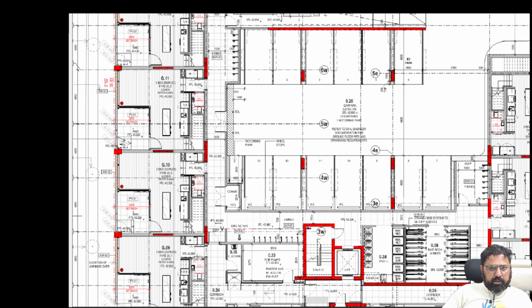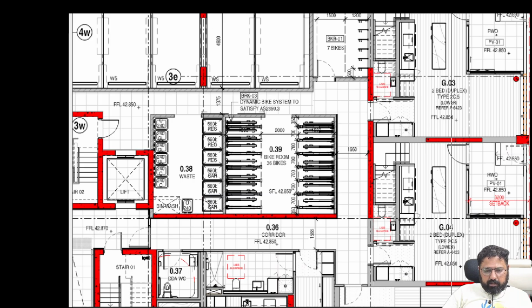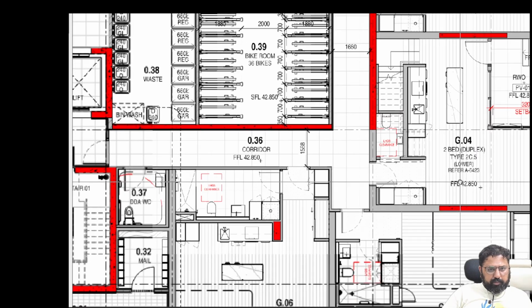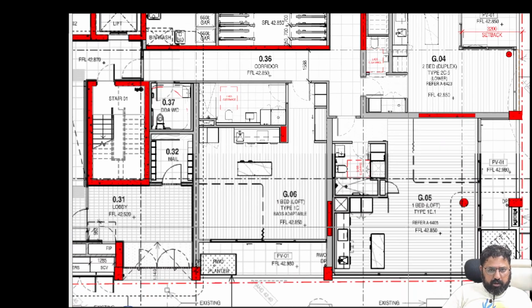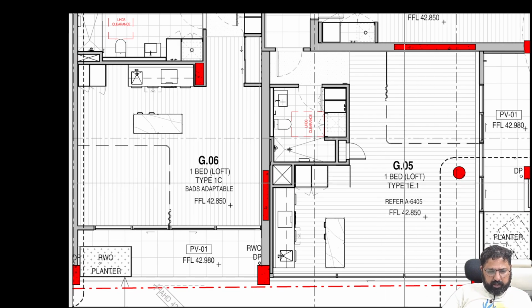These are rooms. Generally, if somebody sees this, they say it's a simple drawing, but there is a lot of difference between these things. Like this one, this is one house on the ground floor, bed one.